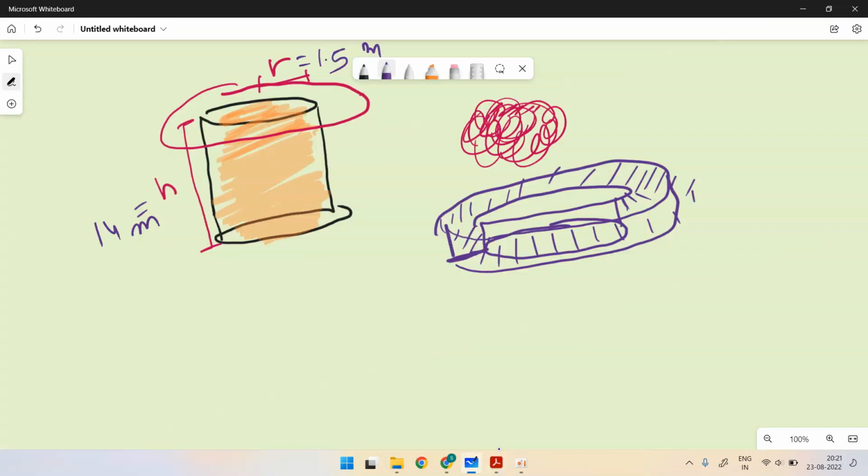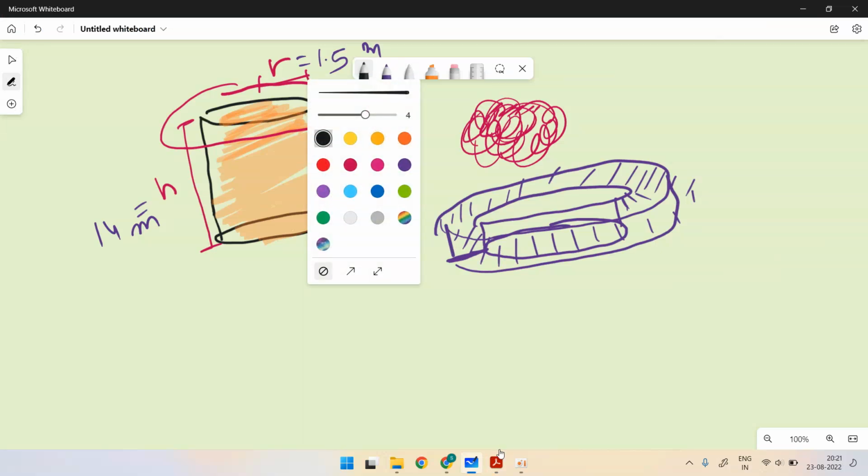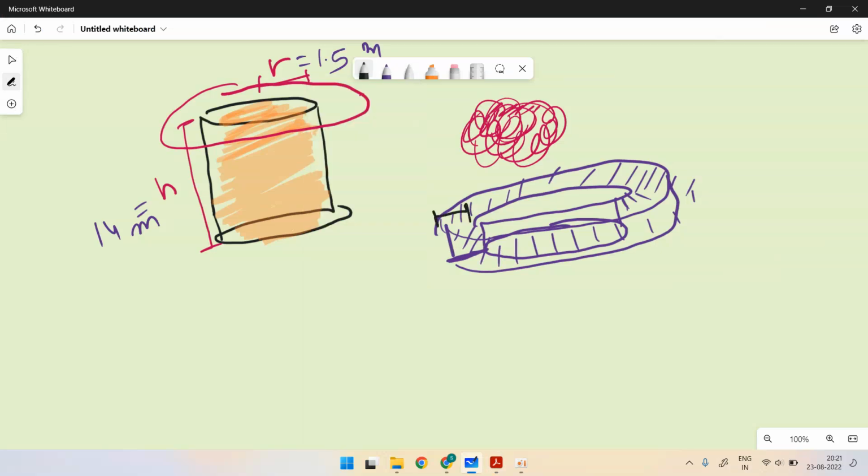This width, I will use a different color. 4 meter wide. Now this is 1.5 meter plus this will be 4 meter. You have to find the height, how much height you can construct by using this sand.